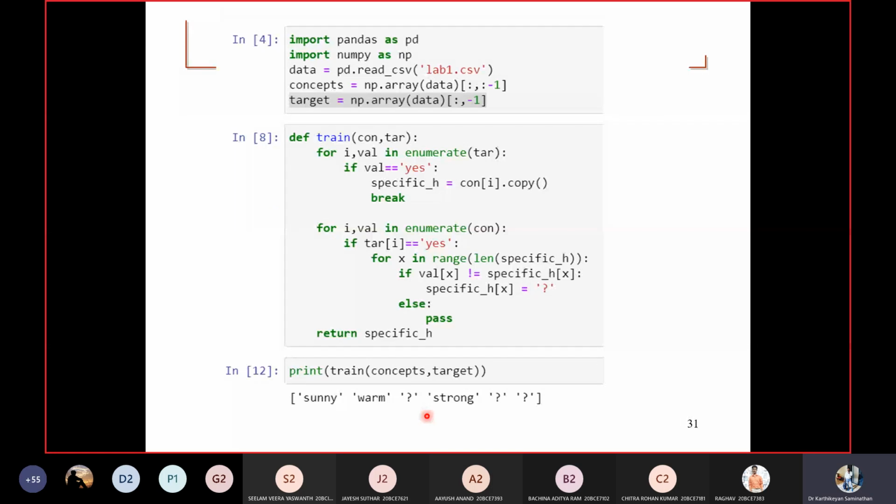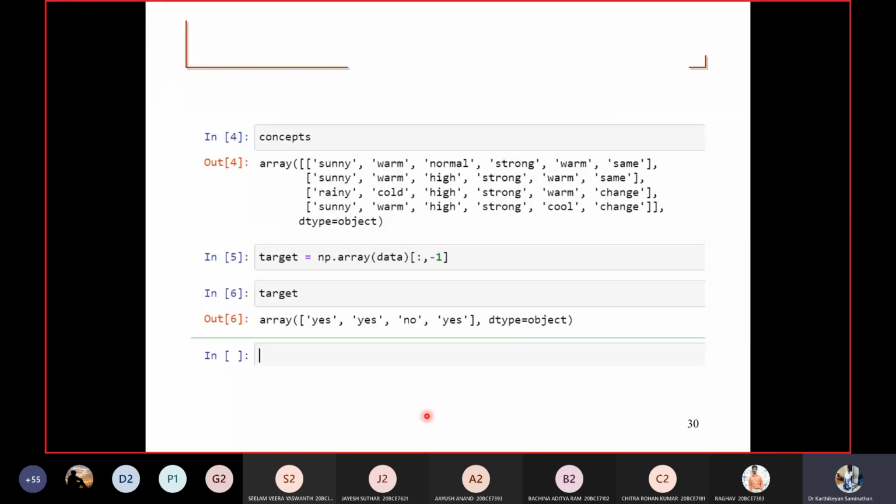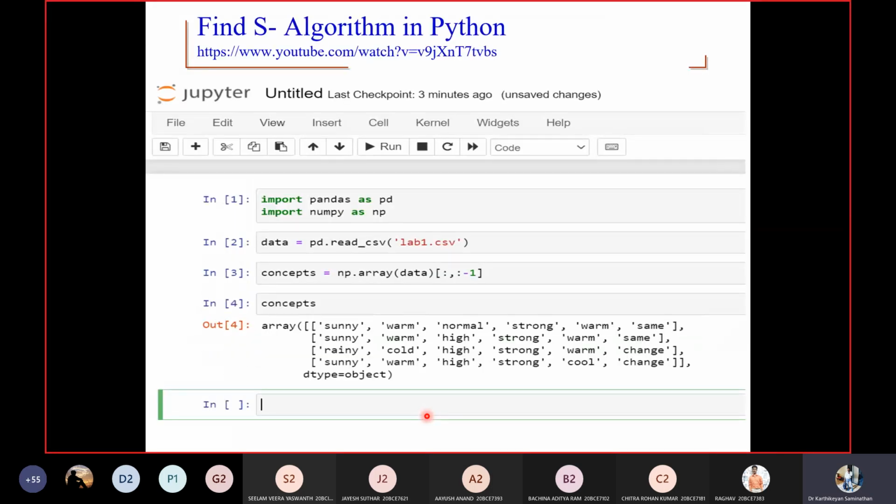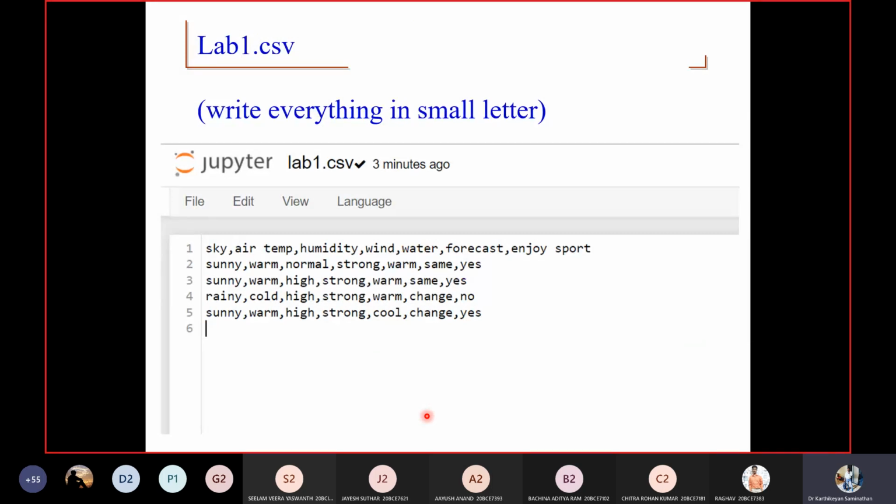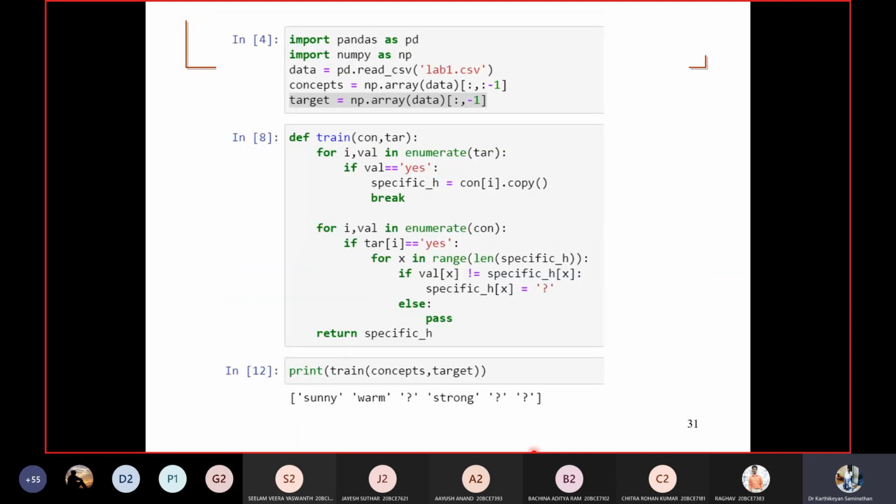If you change the data set in lab1.csv, you can change the order of these rows. You keep three sunny and keep the rainy at the end, or keep the rainy in the second. Try to change the hypothesis and see the output. So that is what this first Find-S algorithm is all about.